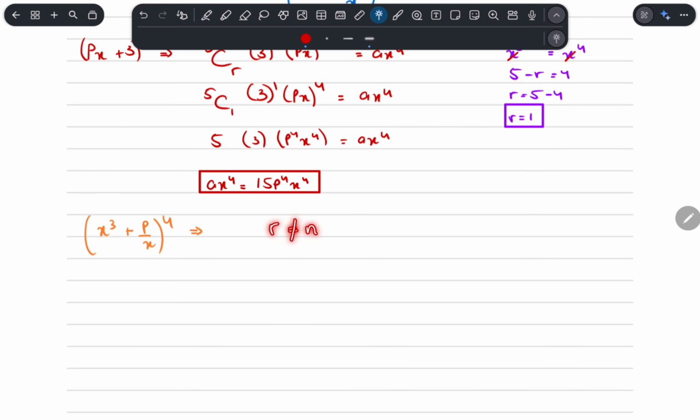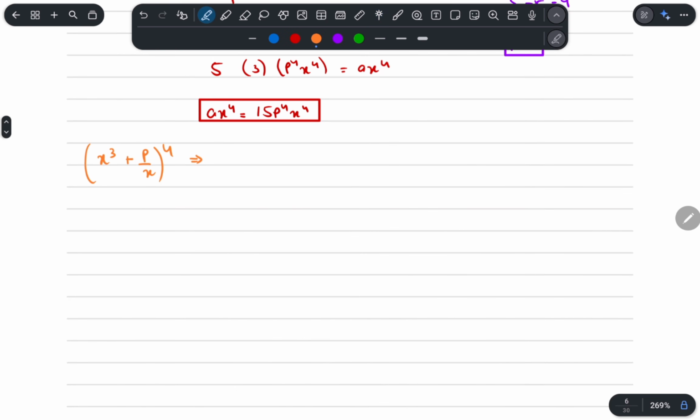We need to find the value of r. So a general expansion of this will be 4Cr, b will be p/x. Sorry, we don't know the value of r, so this will be 4Cr (p/x)^r and a, which is x^3, to the power 4 − r. This will be equal to bx^4.